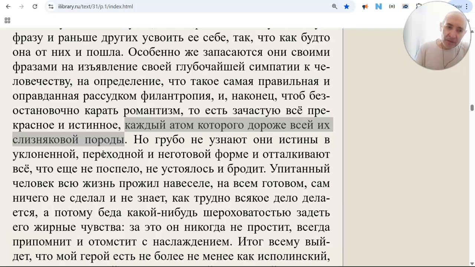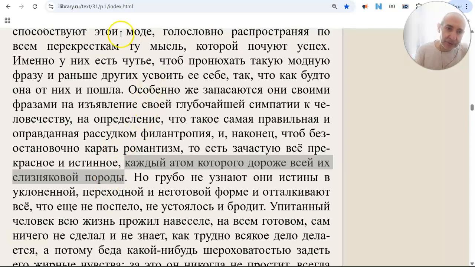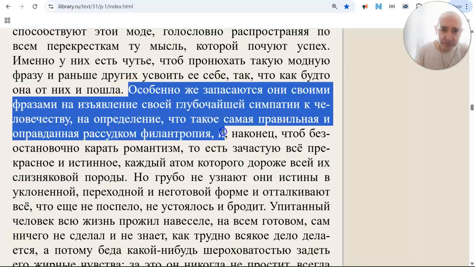So he was talking about everything that was beautiful and genuine, every atom of which is more valuable than all of their slug-like breed. You understand? So now please see how it all works together, this whole sentence.